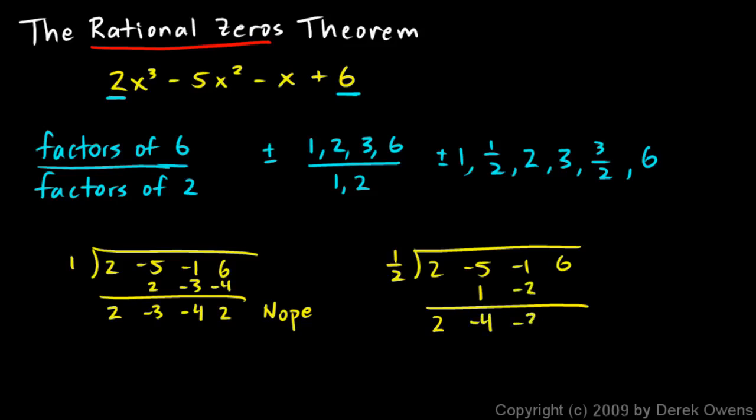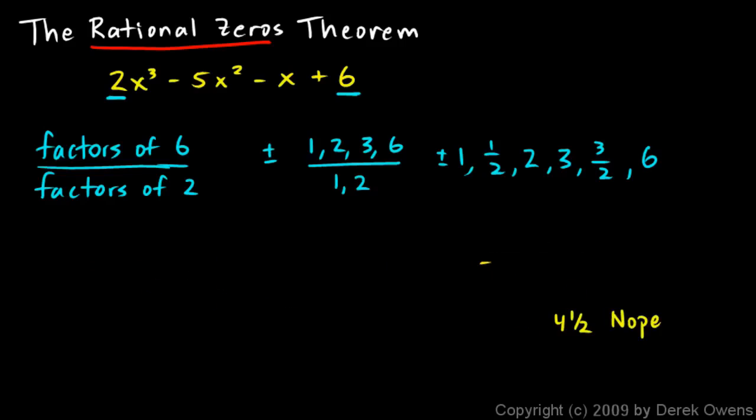And we add there, and we get -3. -3 times 1/2 is -3 halves. And we add there, and we get 4.5. That one didn't work either. So let me free up a little bit of space here. So let's try the next one, the 2.